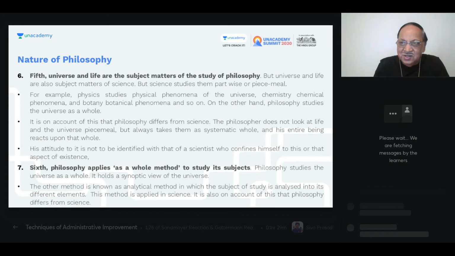Philosophy will present a holistic view of the whole world. And it is on account of this that philosophy differs from science. You must also know right now that this question is asked in the interview board of the IAS examination.